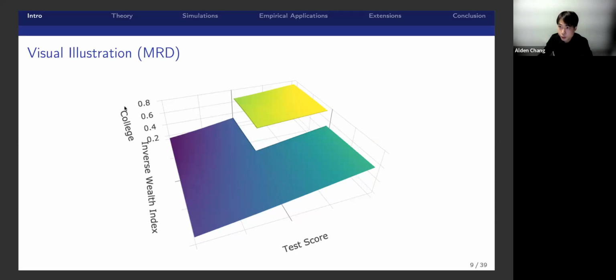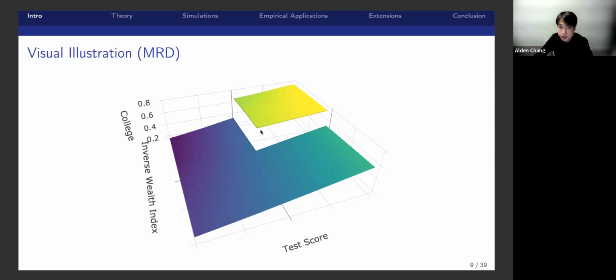And the outcome variable is the vertical axis. The vertical gap between these two surfaces, this is basically the CEF for individuals who are eligible for financial aid and the CEF for those who aren't. The vertical gap between these two surfaces is the treatment effects.